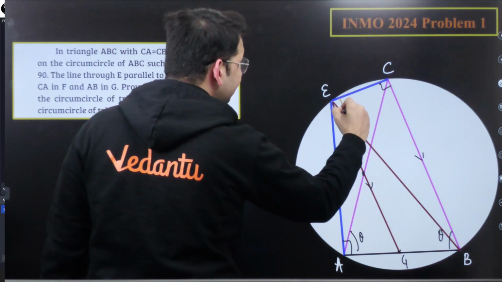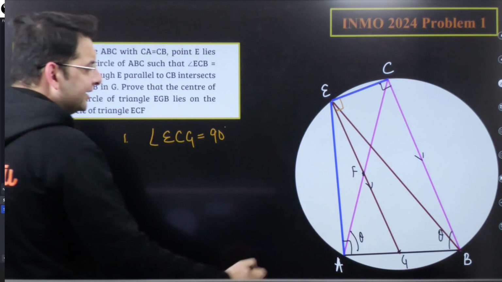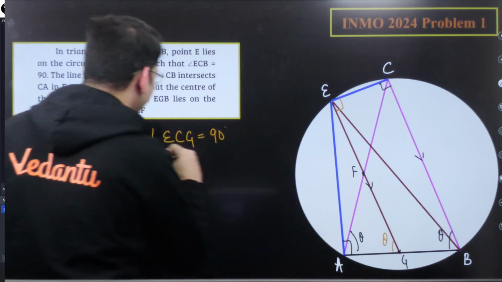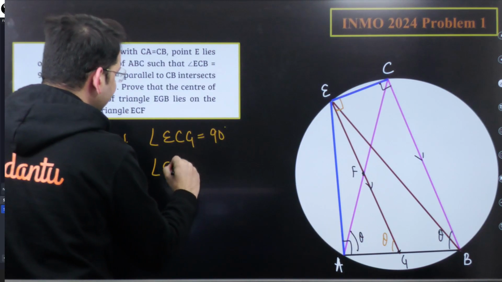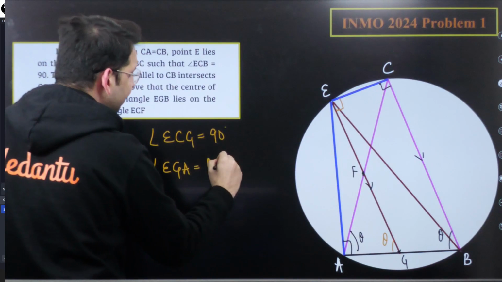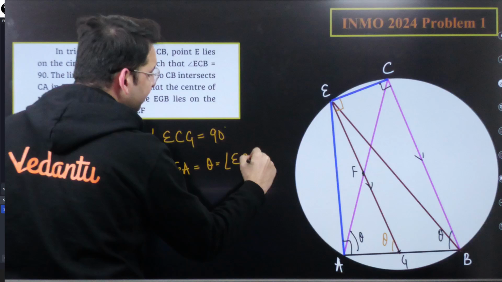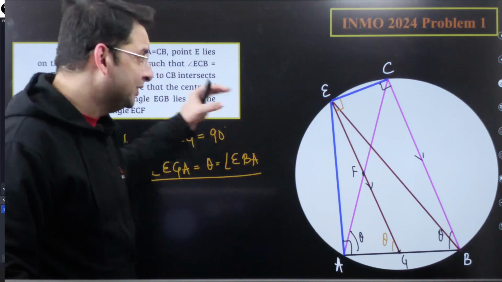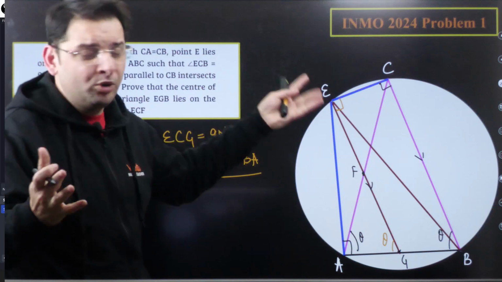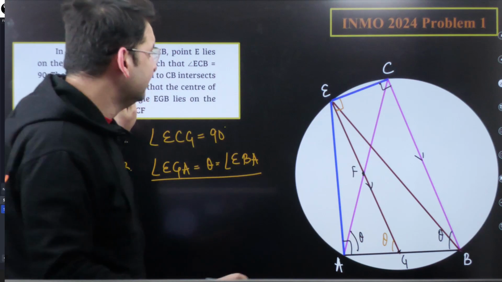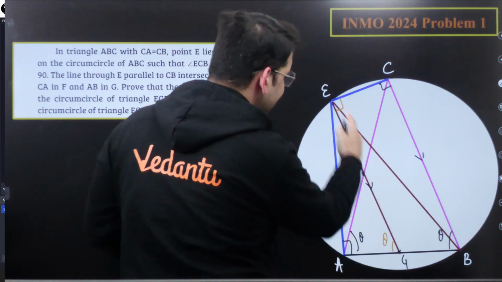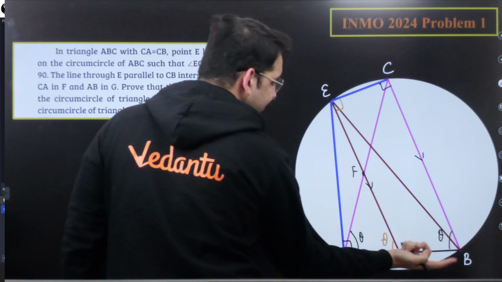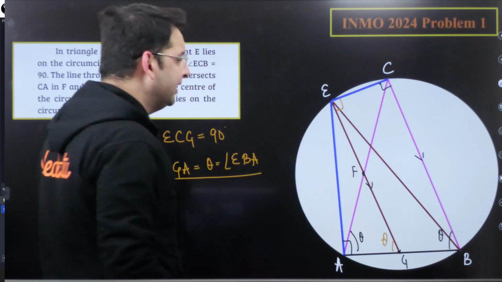So this angle would be 90 degrees. The other is, this is theta, so this is also theta. Angle EGA is going to be theta, equal to EBA. So these are the two more implications which I can see as of now. There may be more, but these are clearly visible to me. So EG is parallel to this, so this is theta because of parallel lines, and this is 90, this is also 90 degrees, done.